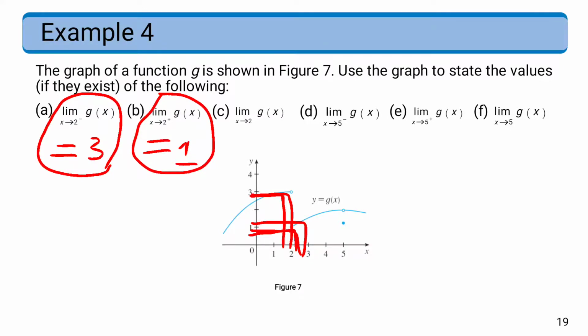But in this case, we can see we have 2 values which are different. The left side limit is 3 and the right side limit is 1, and they're different. So straight away here for C, we can conclude that the limit does not exist.